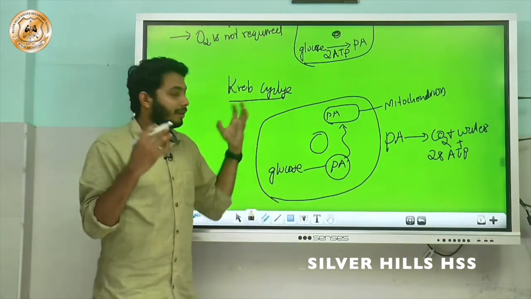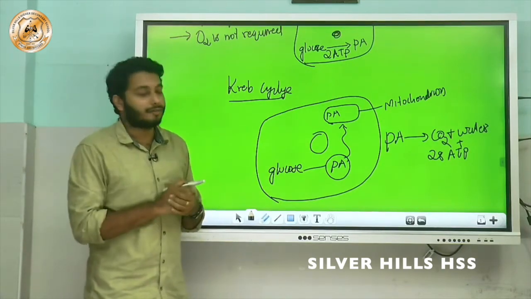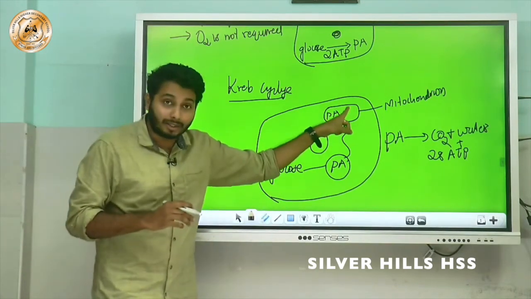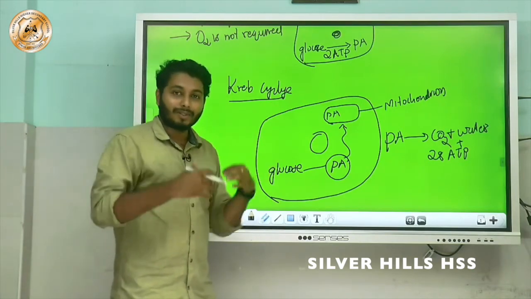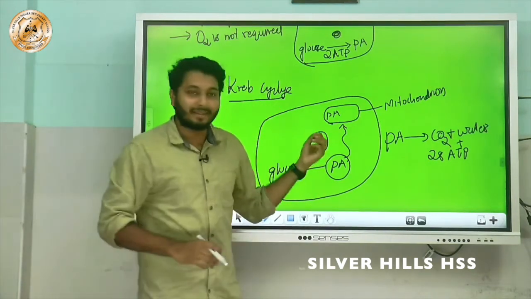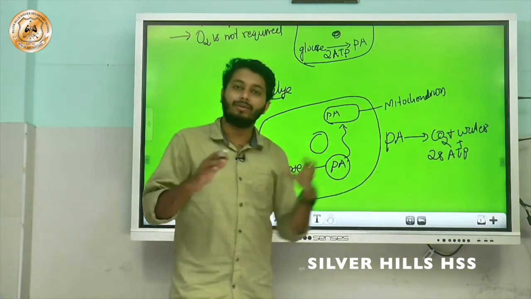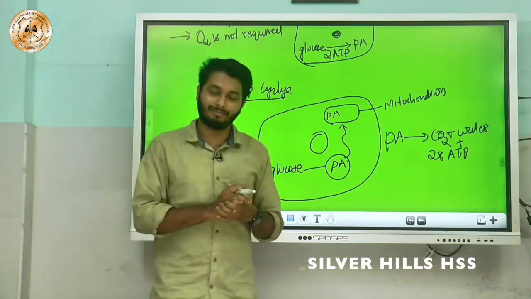After glycolysis, the next stage is the Krebs cycle. Pyruvic acid formed in the cytoplasm is transported into the mitochondrion. Oxygen is required for this phase. The pyruvic acid undergoes a series of chemical reactions and is converted into carbon dioxide, water, and 28 ATP molecules. So this is an outline of the topic cellular respiration.